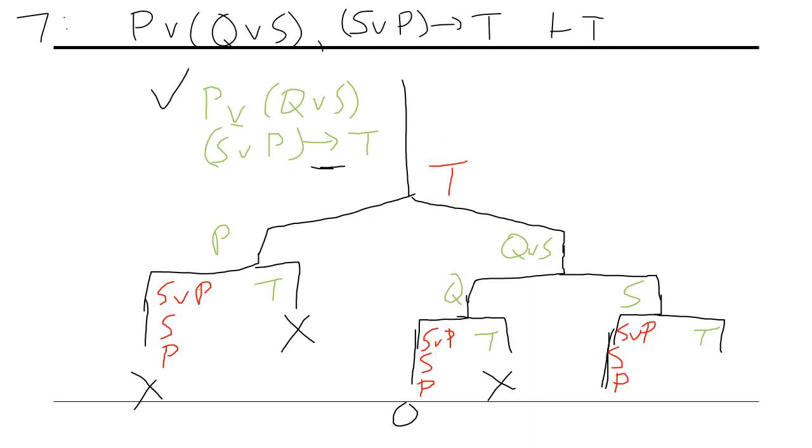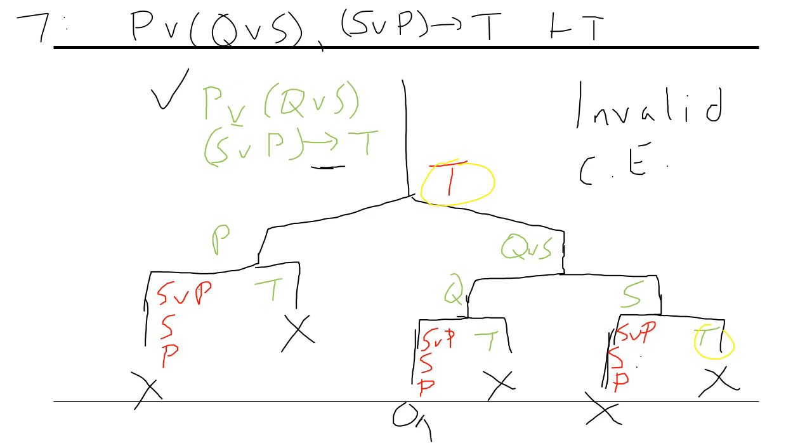This next one, S and an S. That should have been yellow. Got S and an S. So that one will close. And then I've got a T and a T. So that closes. So this one will be invalid. Invalid. Need a counterexample.